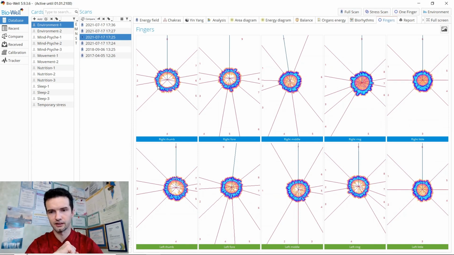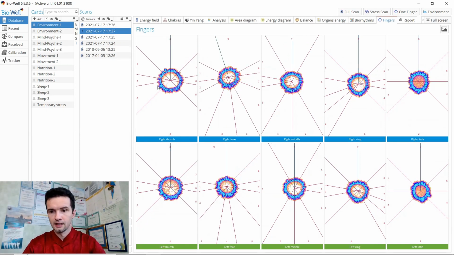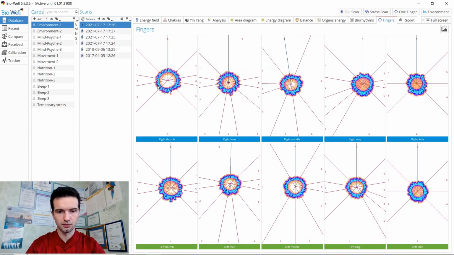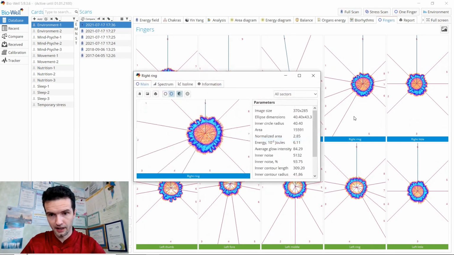The right ring finger is also absolutely filled up with noise, and also the right middle. Here, mostly the little fingers, and you can see the left thumb too. In this case, left thumb, right ring, and little fingers. And you can, of course, look at the parameters here.